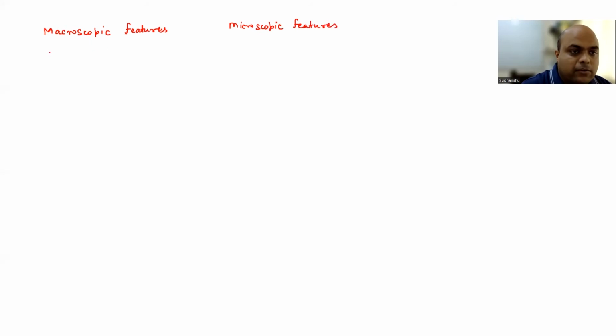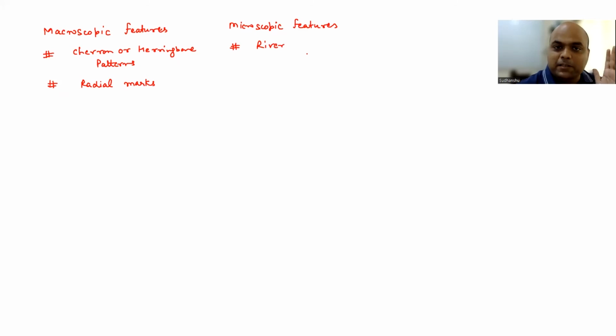So in macroscopic, you can have chevron or herringbone patterns, or you can have radial marks. In microscopic, you can have river pattern, very important. Like dimples, in most of the cases when you talk about cleavage fracture, you are going to see river marks.